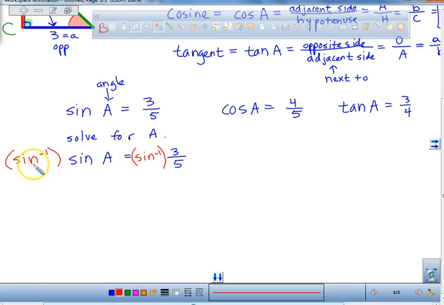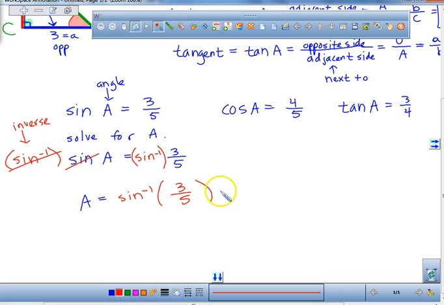What does sine to the -1 mean? It means the inverse of sine. This inverse of sine cancels out the sine, and you're left with angle A equal to the inverse of the ratio 3/5.